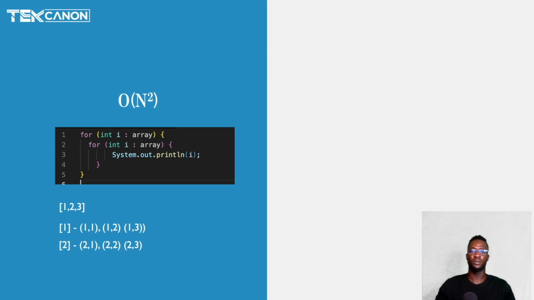Then for this one again, we would go into the child loop and call 2,1, 2,2, 2,3. For the third element at the top for loop, we go into the child loop again and call 3,1, 3,2, 3,3. Now, if you look at this, how many instances do we have after the double for loop? We have 9 of them, which is equivalent to 3 to the power of 2. So this is how a double for loop will be expressed as O of n squared runtime.